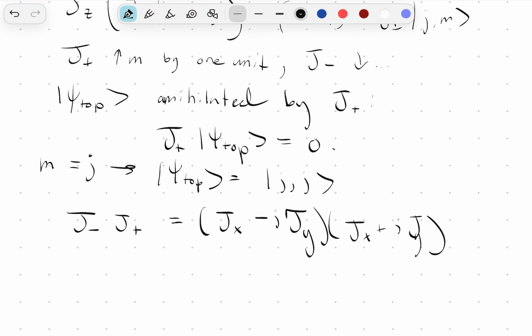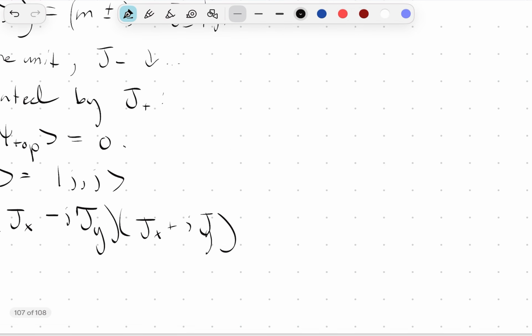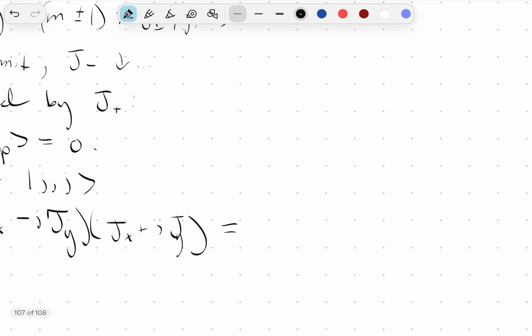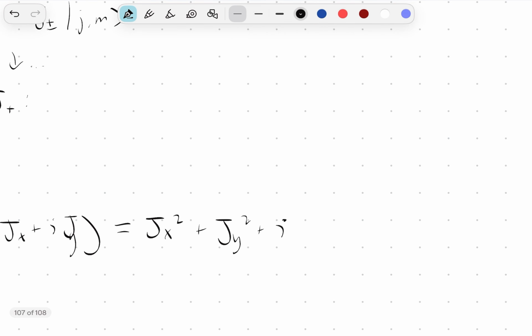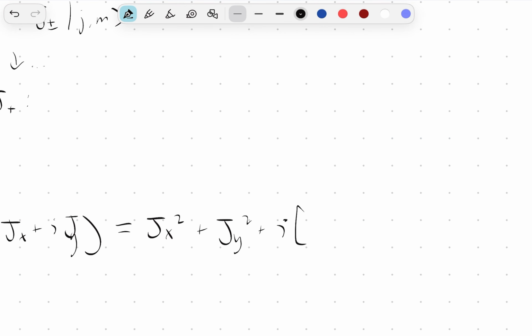So we have minus and plus, right? So the raising and lowering one. And if we were to distribute that out, that would just be Jx squared plus Jy squared plus i times the commutator. Hopefully that's obvious to you.